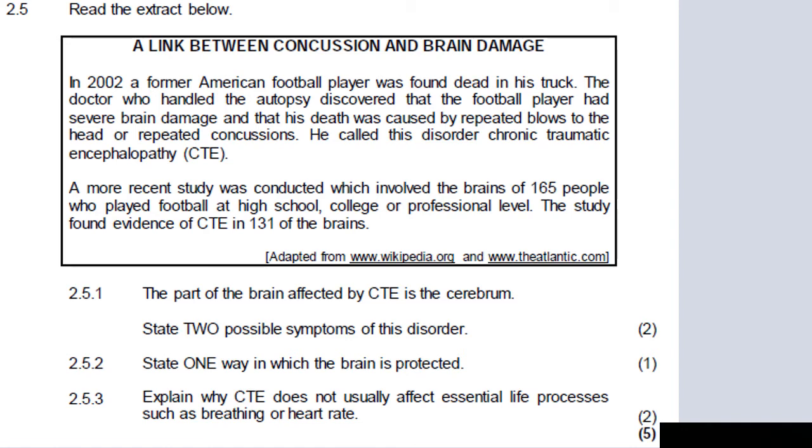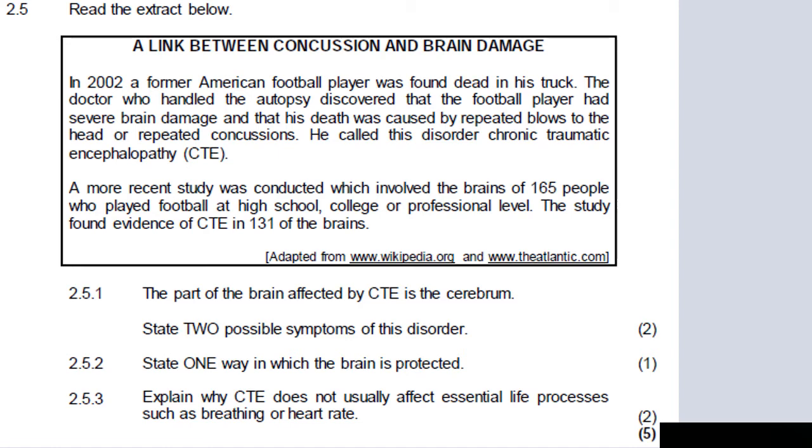He called this disorder chronic traumatic encephalopathy, CTE. A more recent study was conducted which involved the brains of 165 people who played football at high school, college, or professional level. The study found evidence of CTE in 131 of the brains.